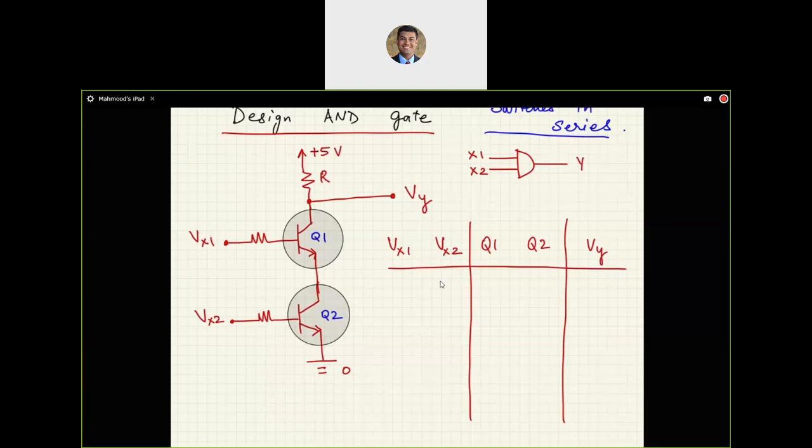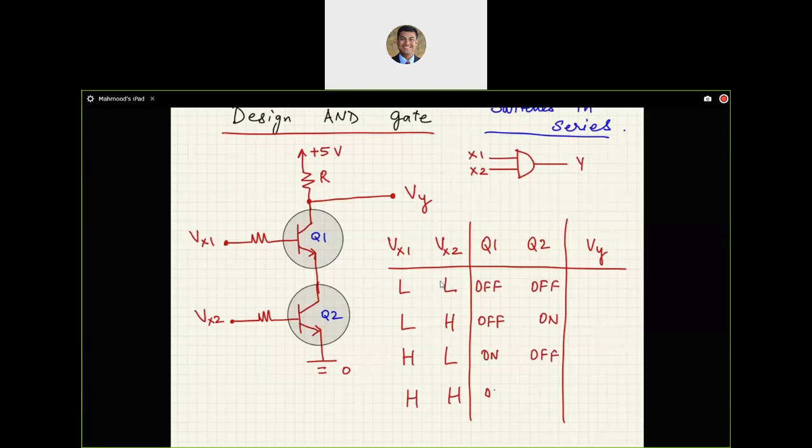Because I have two inputs, I'm going to have low, low, low, high, high, low, and high, high as the four possibilities between these two voltages. And if the base voltage for any transistor is low, then it is going to be off. So I have off, off, off, on, on, off, on, here.